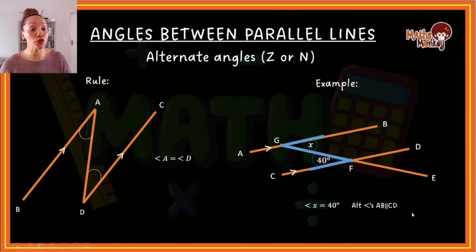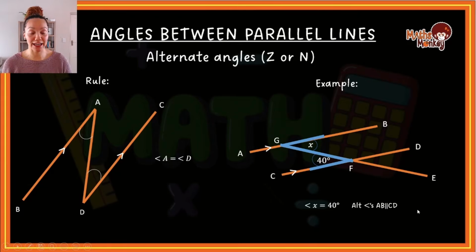In order to get full marks for this question, you have to give the answer and the reason as well as the parallel lines. Okay, so that's alternate angles. Try and remember the N and the angles in between that are in the corners of the N or the Z. That's number one.